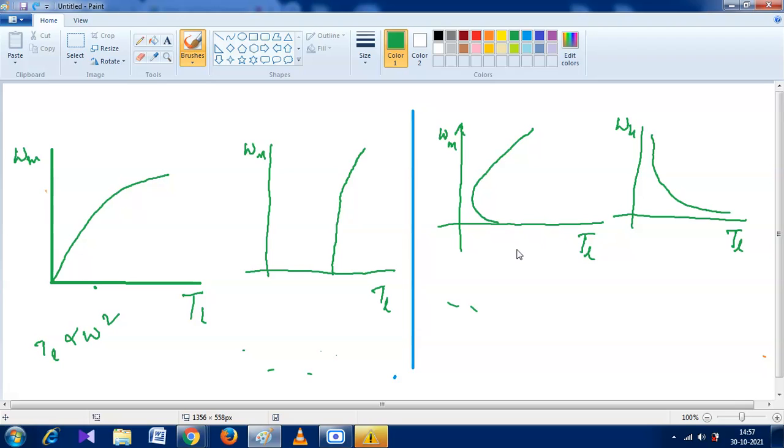At that time the stiction is more, so the friction will be more, right? Yes sir.